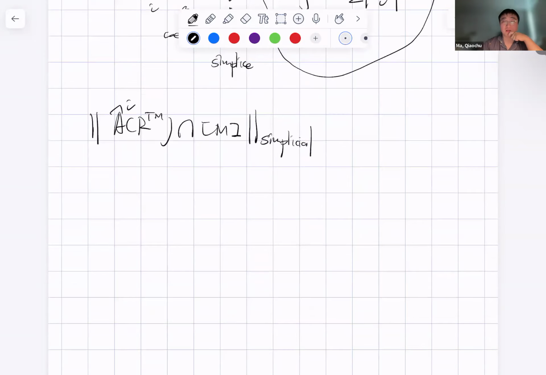It also depends on scalar curvature lower bound and volume and some isoperimetric constant. So the first question is how to represent this homology class.